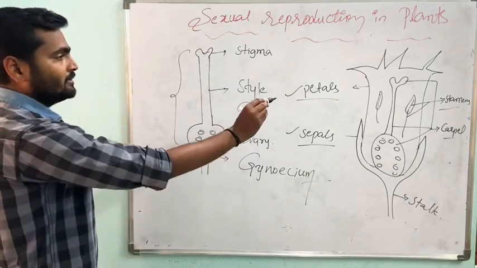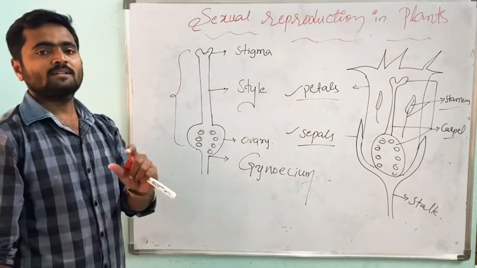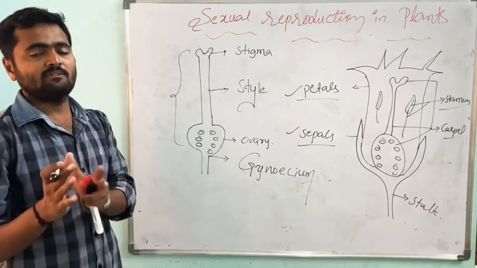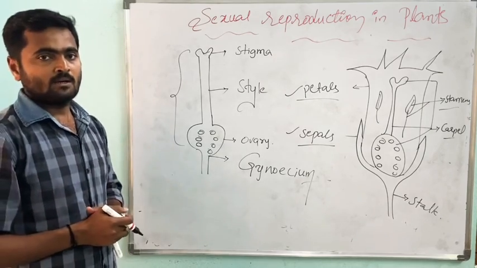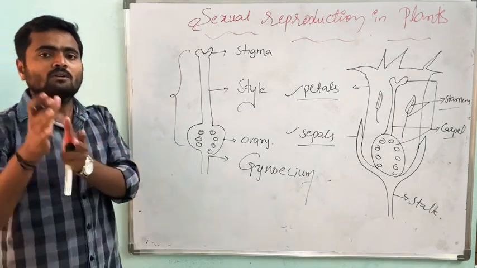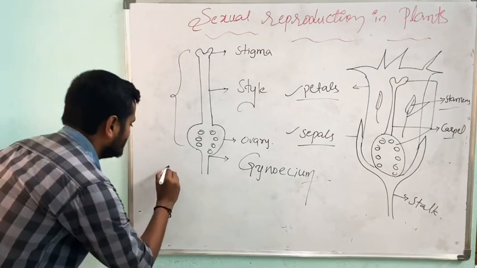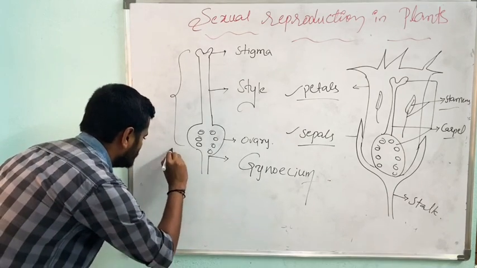Now, what are the other parts? Stamens. In each and every flower, more than five stamens will be present based on the different kinds of plants; five to ten stamens will be there. Each is divided into two parts.